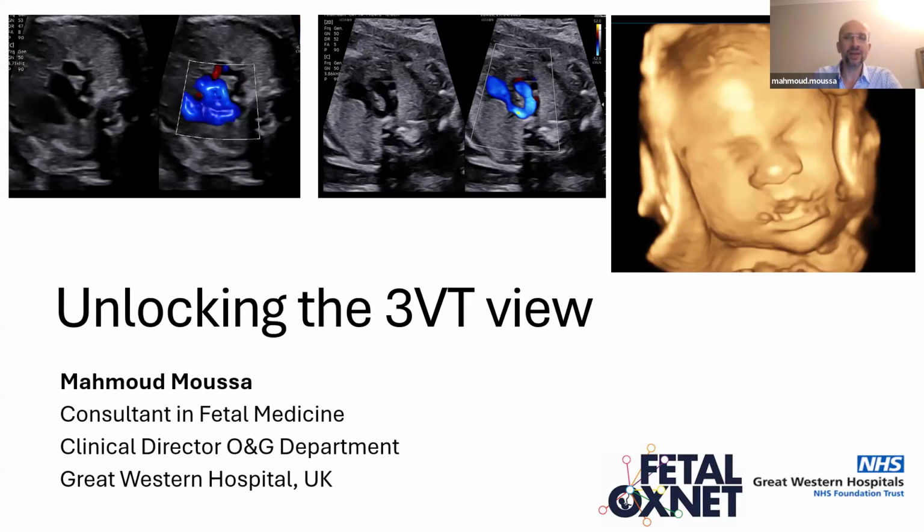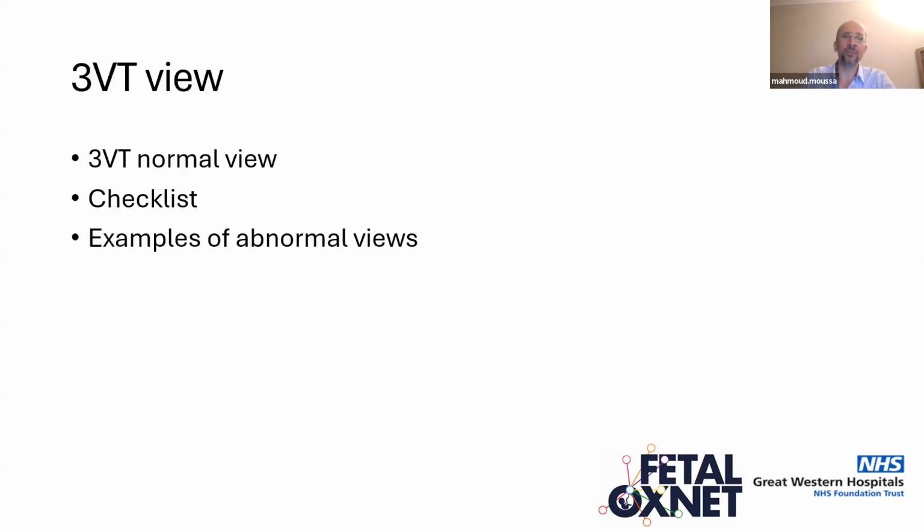But the three-vessel trachea view has been recently introduced, and it did show a significant improvement in detection of congenital heart disease. So what we will talk about today is the normal three-vessel trachea view and the checklist that you want to look for. And we will go through some examples of abnormal views.